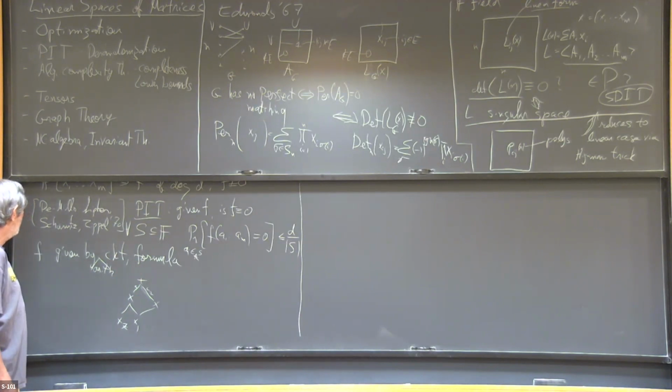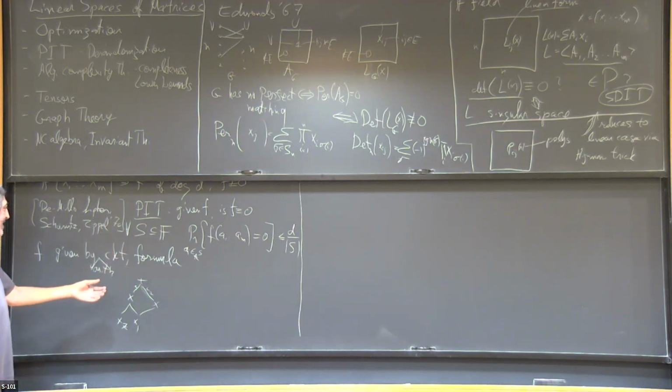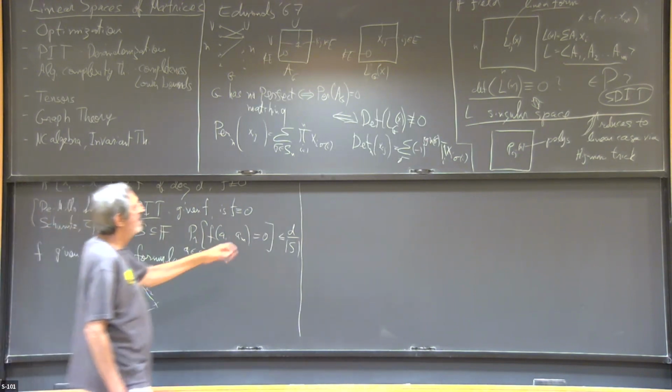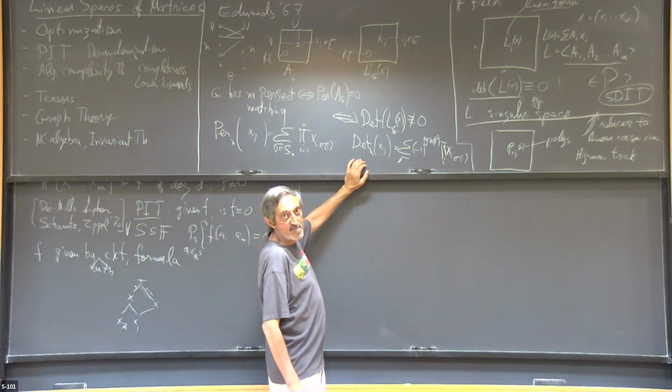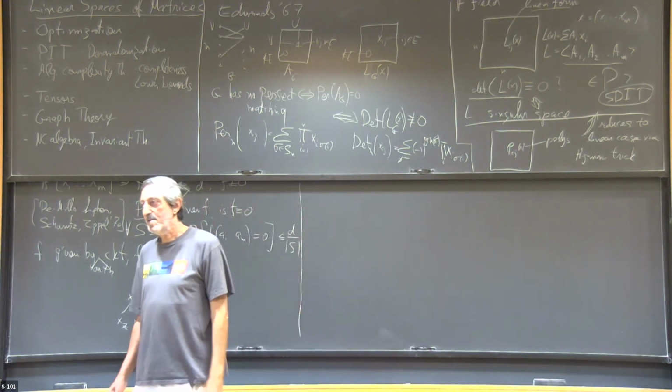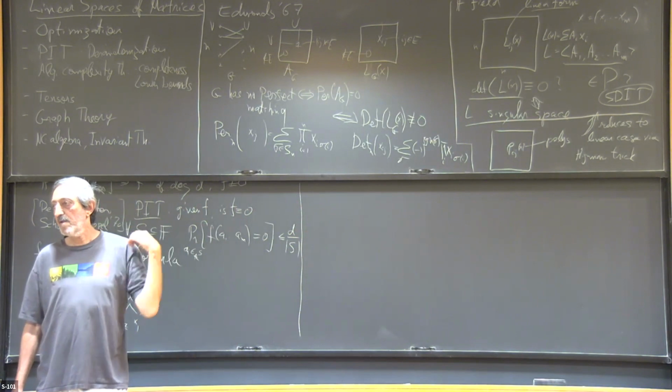Okay, so by the way, does the determinant have a small formula, a small circuit? What do you think? The obvious way to write down the determinant is n factorial terms. Does anybody know a small arithmetic circuit or formula for the determinant?